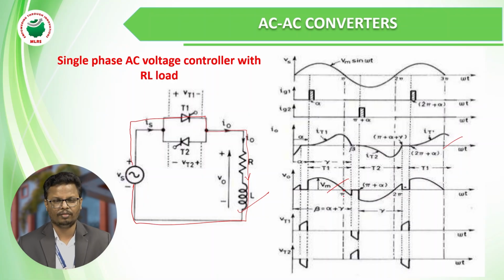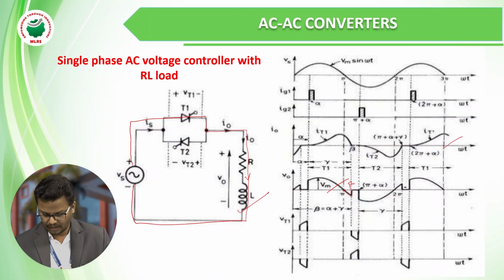But we are not turning on T2 immediately, so the inductor will act as a source and circulate the current through T1, so it also conducts for some negative region. That is the extinction angle, denoted as beta. Until the energy of the inductor becomes 0, it is in the conduction period. So from pi to beta, it is still in conduction.